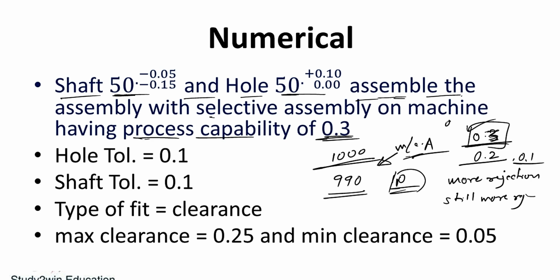If I try to produce a tolerance of 0.4 on the machine, certainly this will produce a very good number of accepted parts. Maybe you can say all 1000 parts will be accepted if I increase the tolerance.